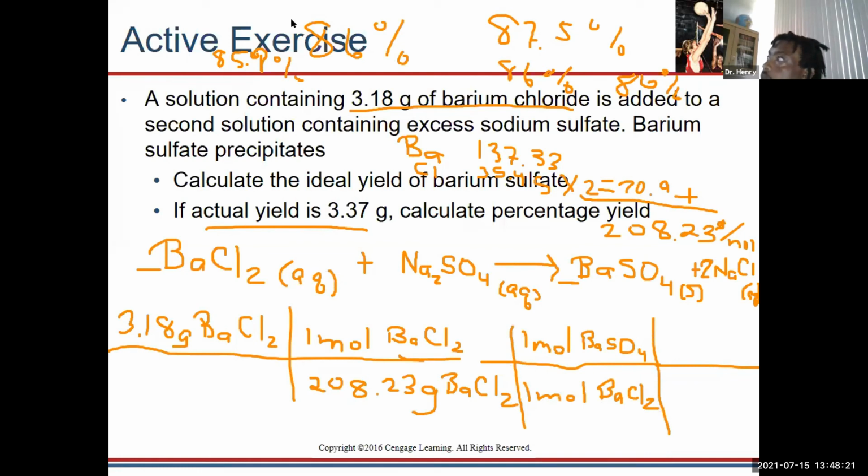Okay, so we know that barium was 137.33. So sulfur is how much? Sulfur is 32.06. So we said barium is 137.33. And we have oxygen. How many oxygens do I have? So let's just say 16. So 4 times 16.